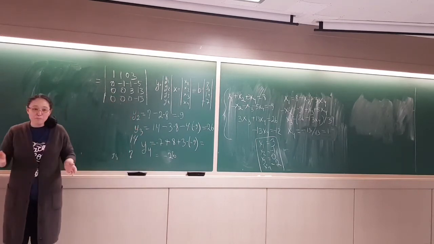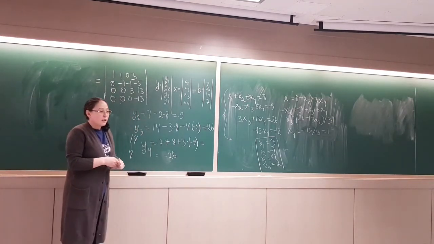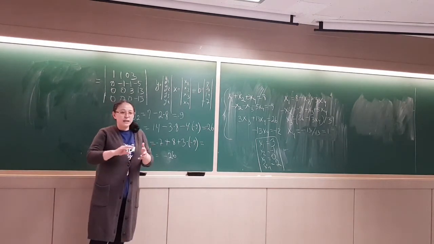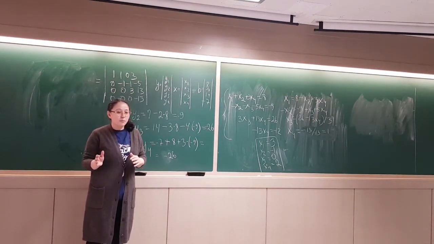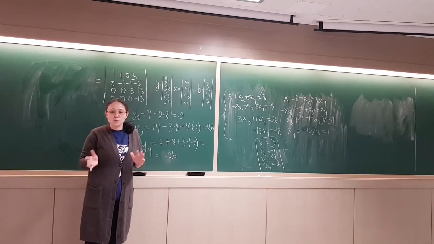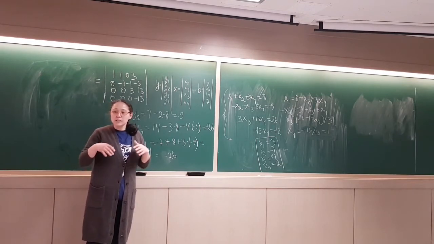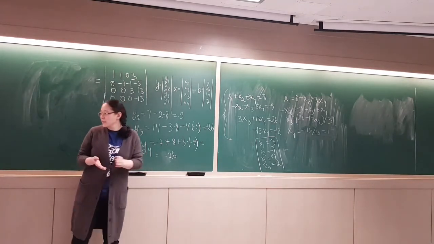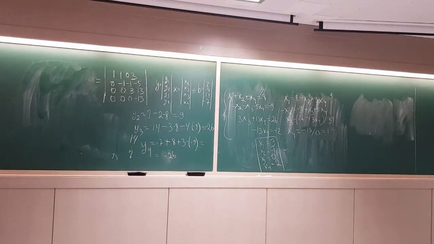Sometimes in the exam, students may find the solution, but they're not sure if it is correct or not. Better to check directly, right? Then you know that this is correct or not. Let me write only one line.